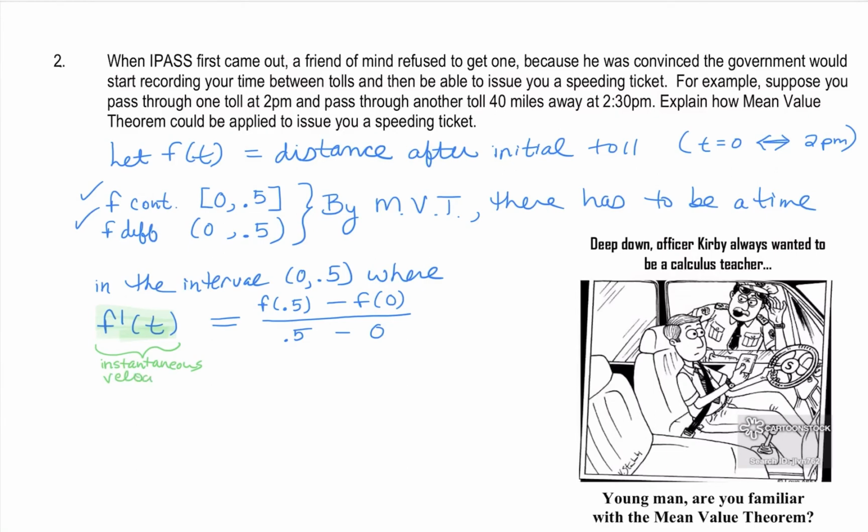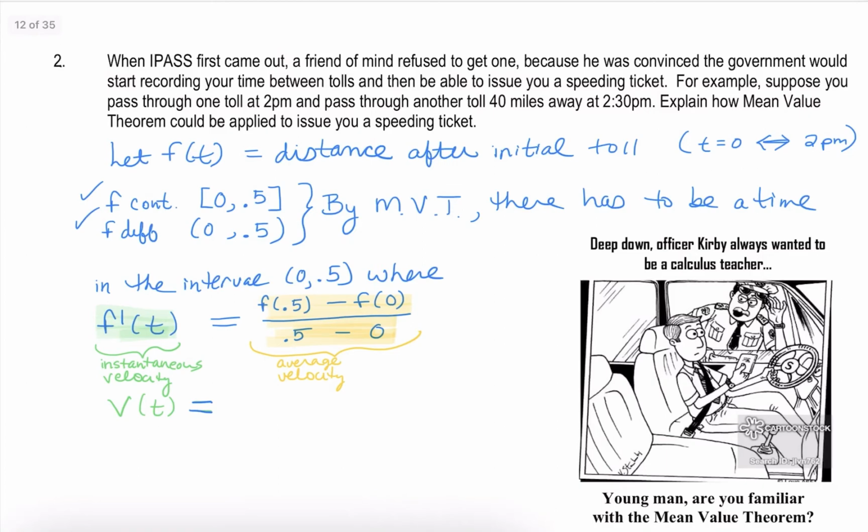So there has to be some point when that instantaneous velocity is equal to what we have on the right hand side, the slope of the secant line, which is our average velocity, or the average rate of change.